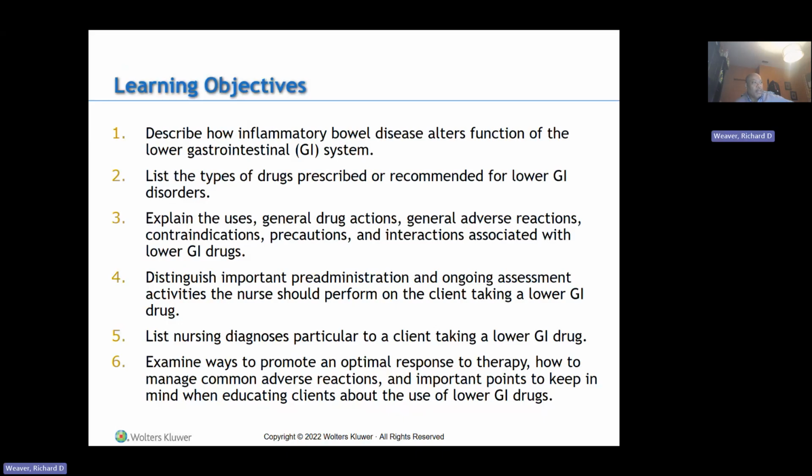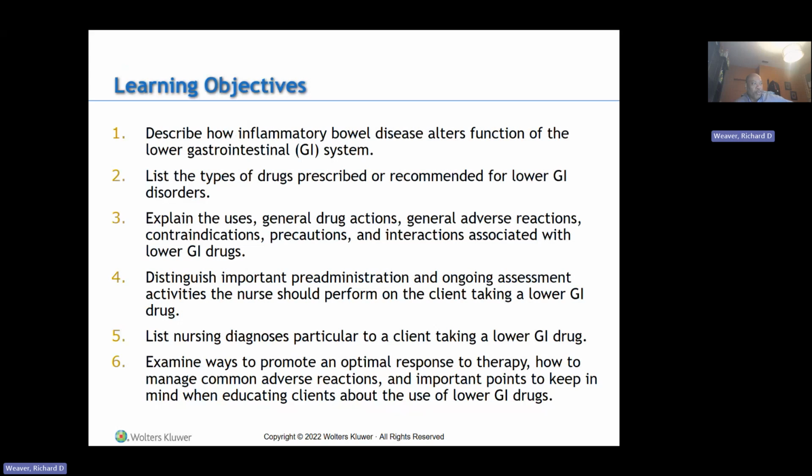And number three, always consistent, explain the uses, the general drug actions or the mechanism of action, the general adverse reactions or side effects, essentially, contraindications, precautions, and also interactions associated with those lower GI drugs.